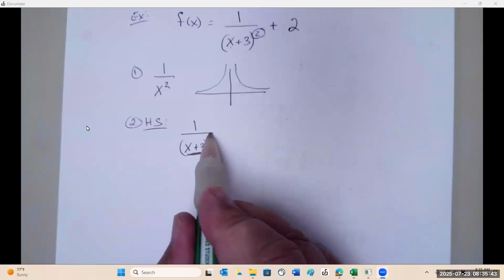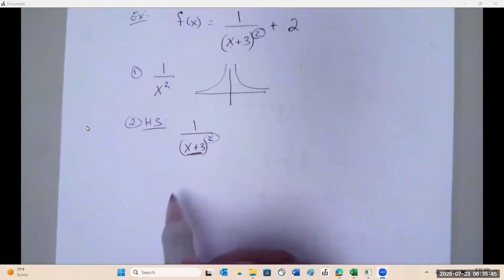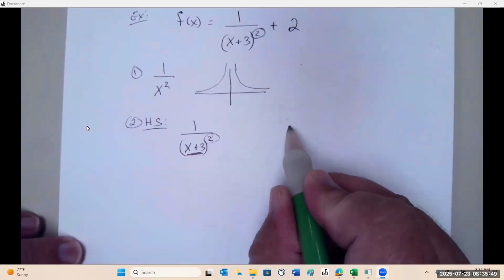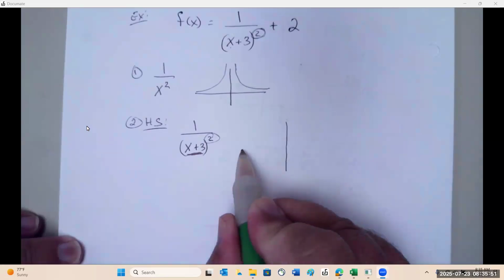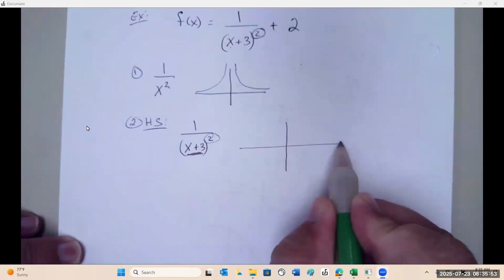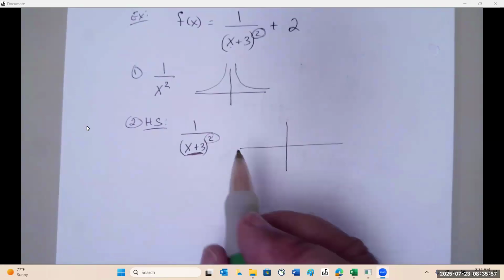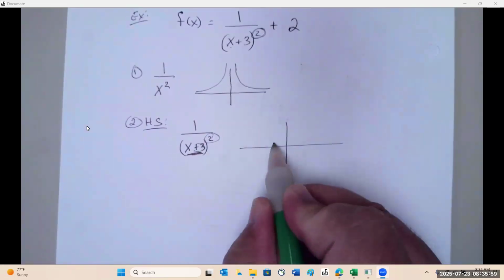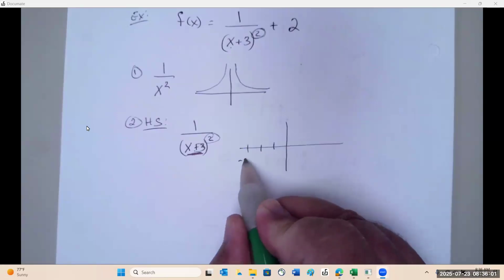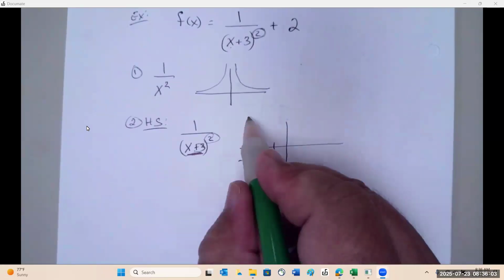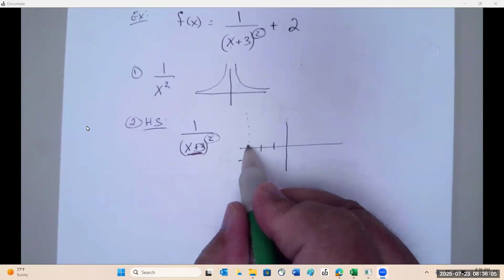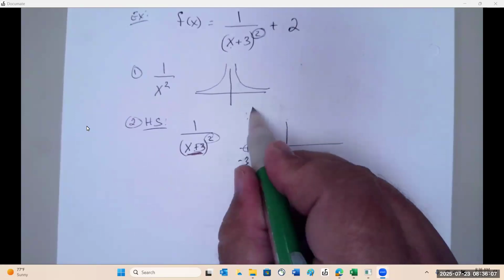The function is squared, and it's inside there. So how many spaces, which direction? Because it's +3, we have to go -3. So there's my new origin right here, and the graph looks like this.